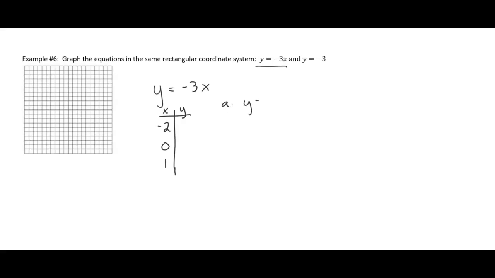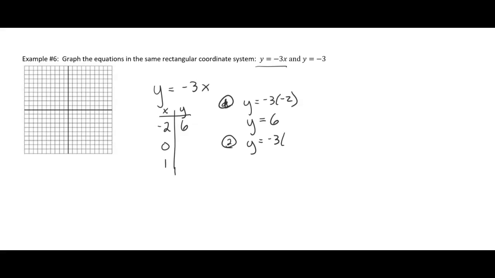So I'm going to say y equals negative 3 times negative 2, or y equals 6. So I'm plugging in negative 2 for x, and I'm getting 6 for y. So you're finding the match that goes when x is negative 2. Second one, we're going to let x equal 0.